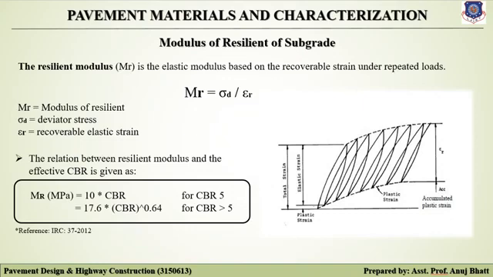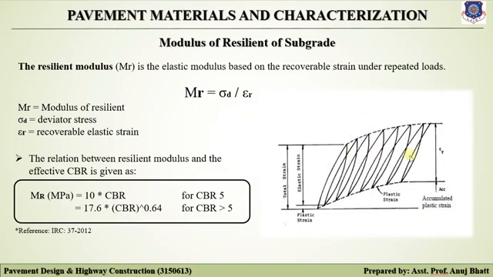It is calculated as the ratio of the imposed repeated deviator stress, that is sigma d, to the recoverable axial strain, which is epsilon r. Sometimes we address this as ER, which is recoverable axial strain or elastic strain.